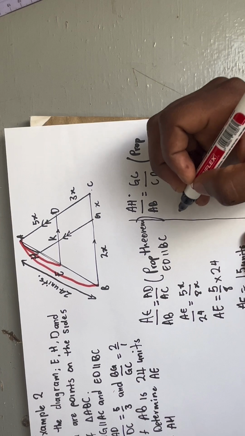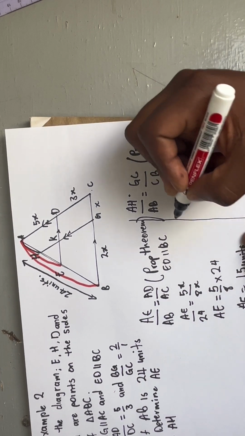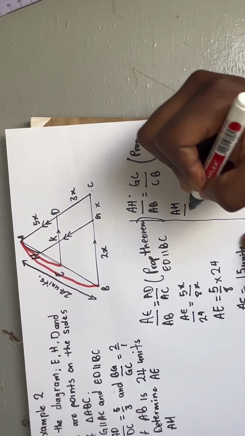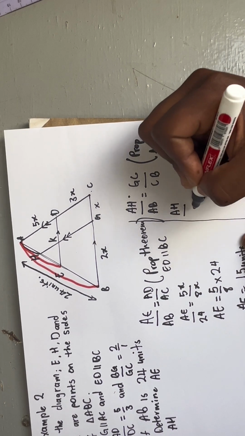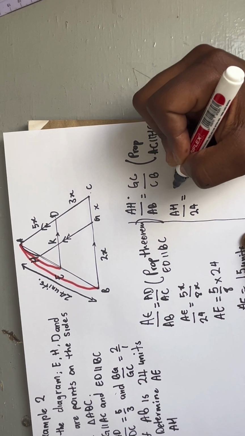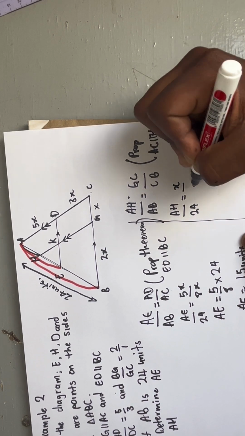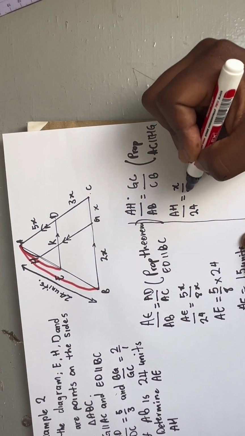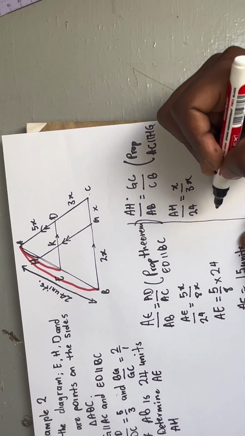So now what is going to be my AH? AH is equal to my unknown side over AB, and AB is 24, which equals GC over X plus 2X, which gives 3X.